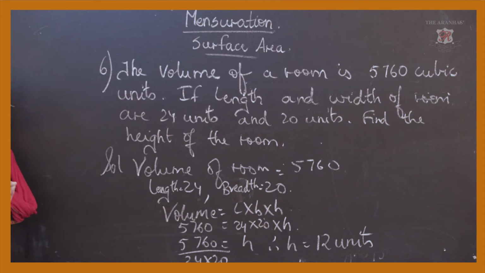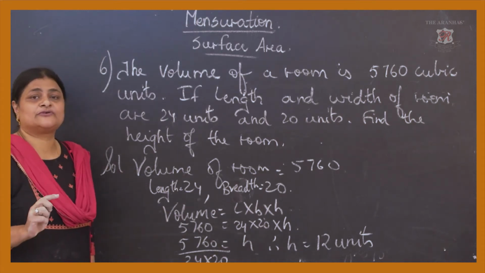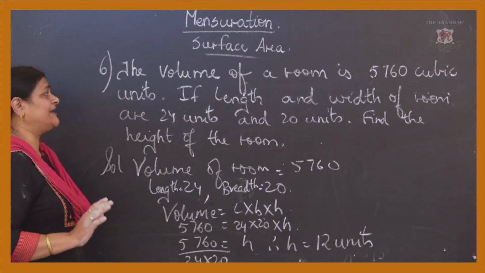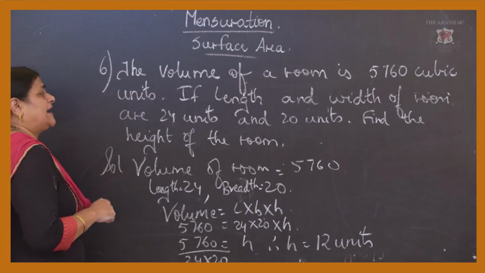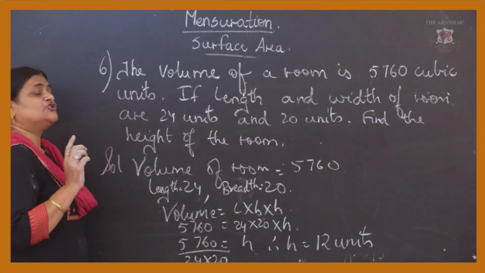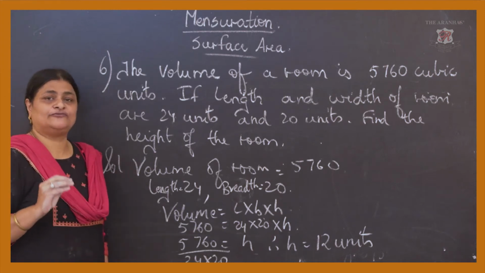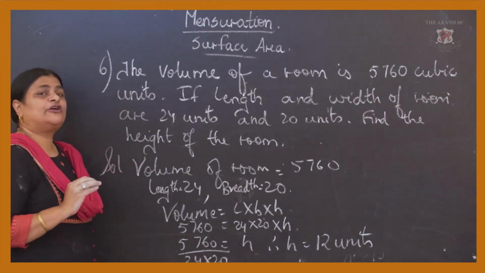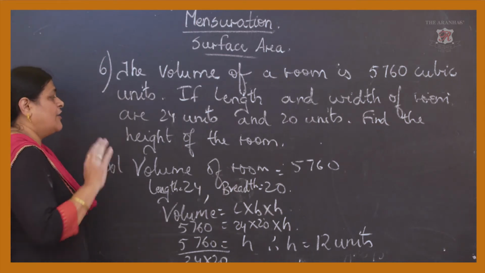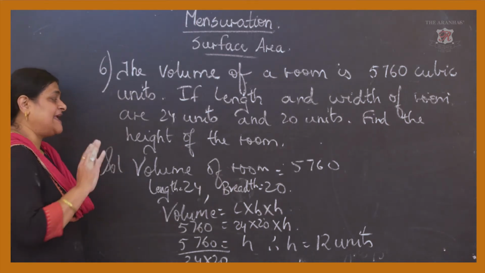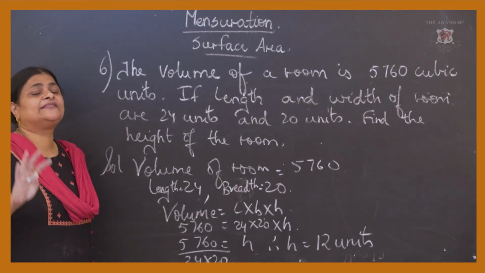Now again I am explaining. They have given you the volume of the room as 5760, and its length and width are 24 units and 20 units. You have to find the height of the room. Volume is equal to length into breadth into height.